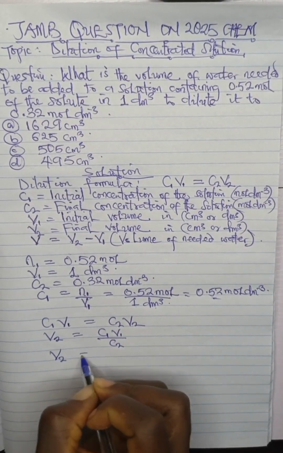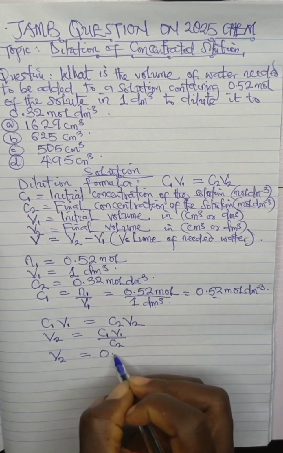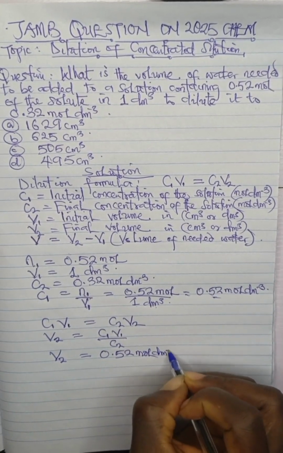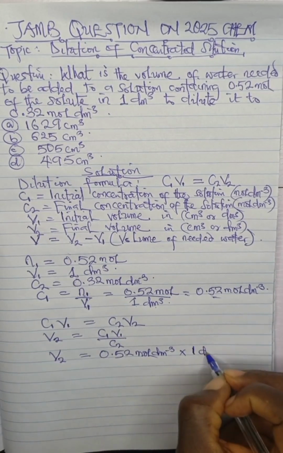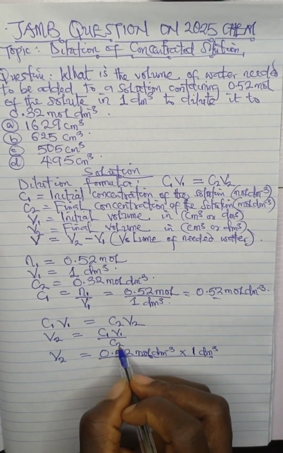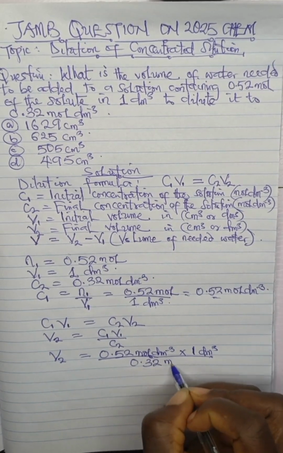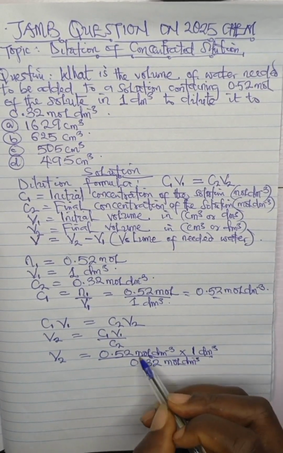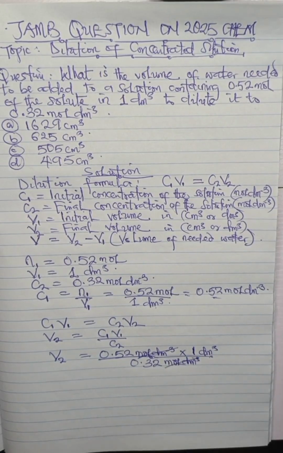So V2 becomes 0.52 mole per dm cube times V1, which is 1 dm cube, all divided by C2, which is 0.32 mole per dm cube. Here, we cancel the unit, mole per dm cube.